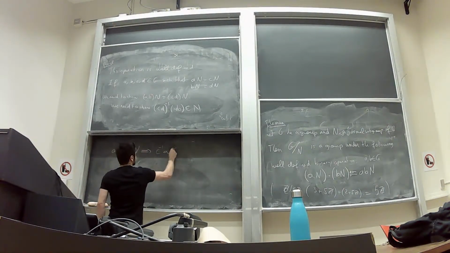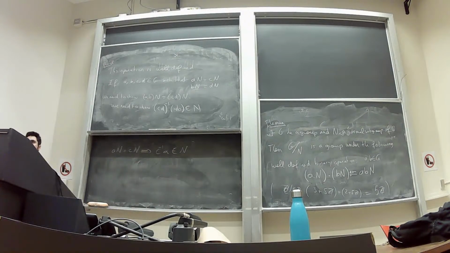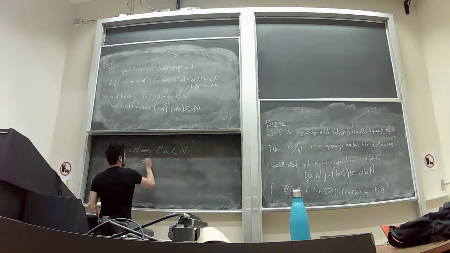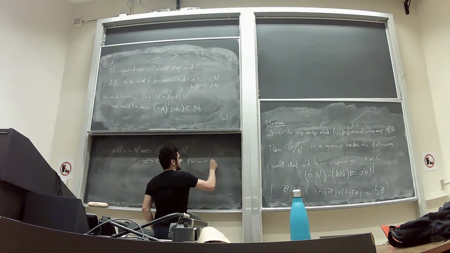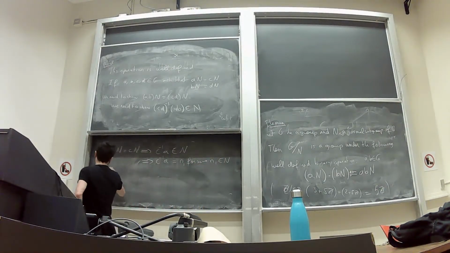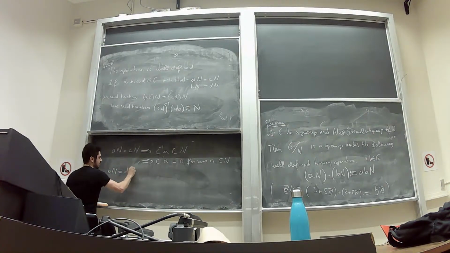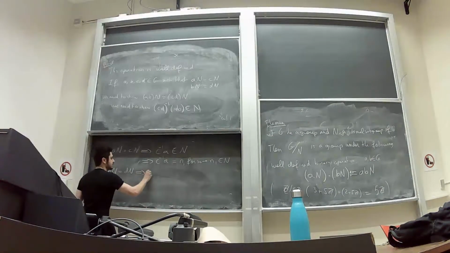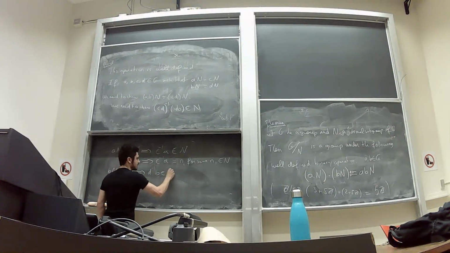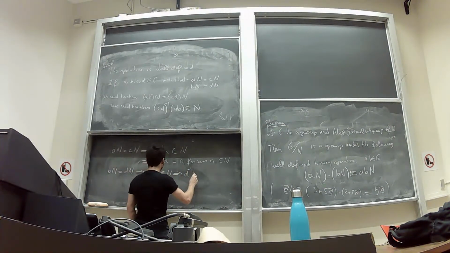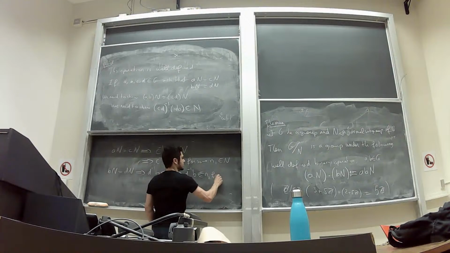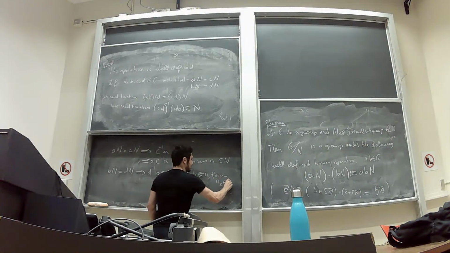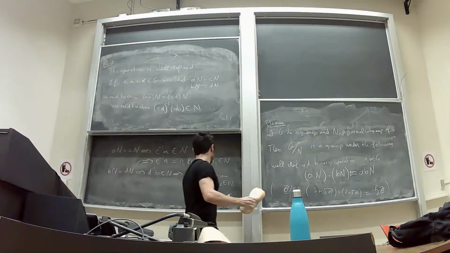It implies that c inverse a belongs to N, so c inverse a is equal to n1 for some n1 in N. bN is equal to dN in the same way implies that d inverse b belongs to N, so d inverse b is equal to n2 for some n2 in N. Great.